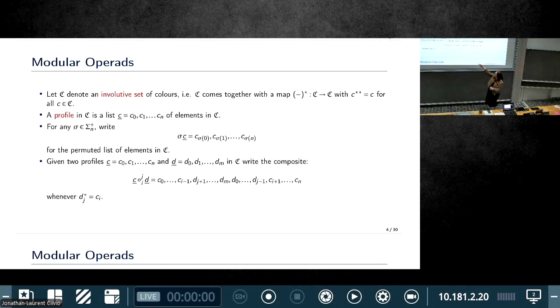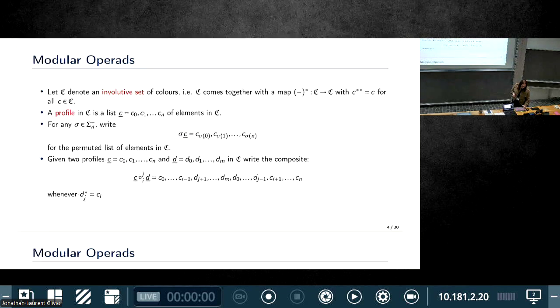Then I compose it into the ith position of C. And I can only compose when D_j dual is equal to C. So I want the involution to guide when I can compose things. And we'll see some topological examples of why this is a good idea, and maybe some categorical ones as well.